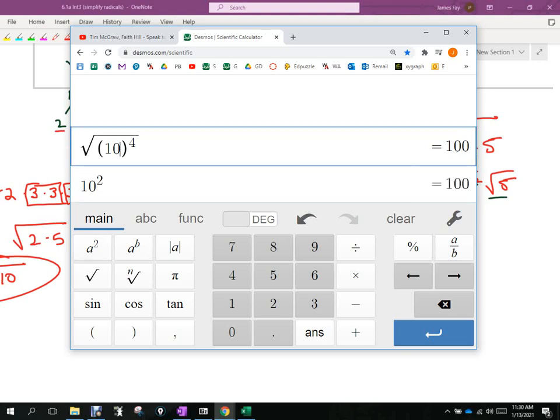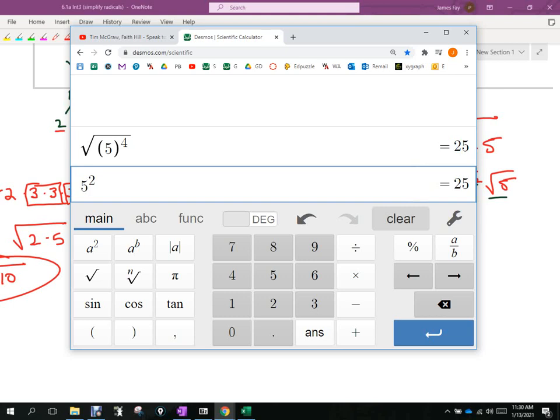What if this number was, let's say, 5? So 5 raised to the 4th, take the square root of that, I get 25. What's another way of writing 25 using exponents? 5 squared, right?